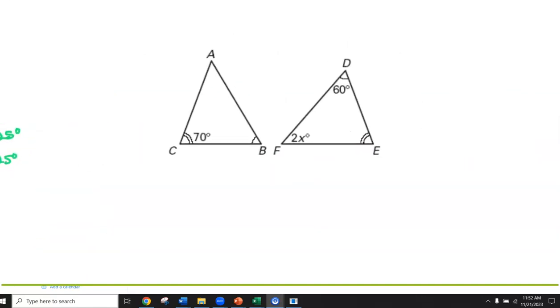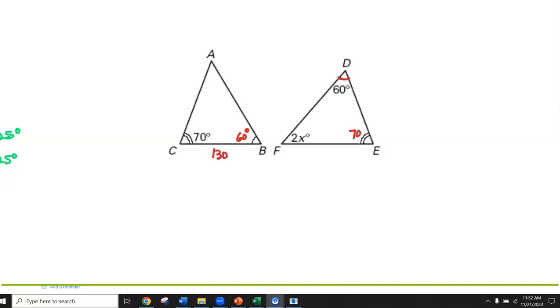All right, look at this. Look at your markings. I am seeing that a single is 60. Singles are 60. I have a double over here. That's 70 because doubles are 70. So what is 60 degrees and 70 degrees? 60 and 60 is 120. That's 130. So that's 130.